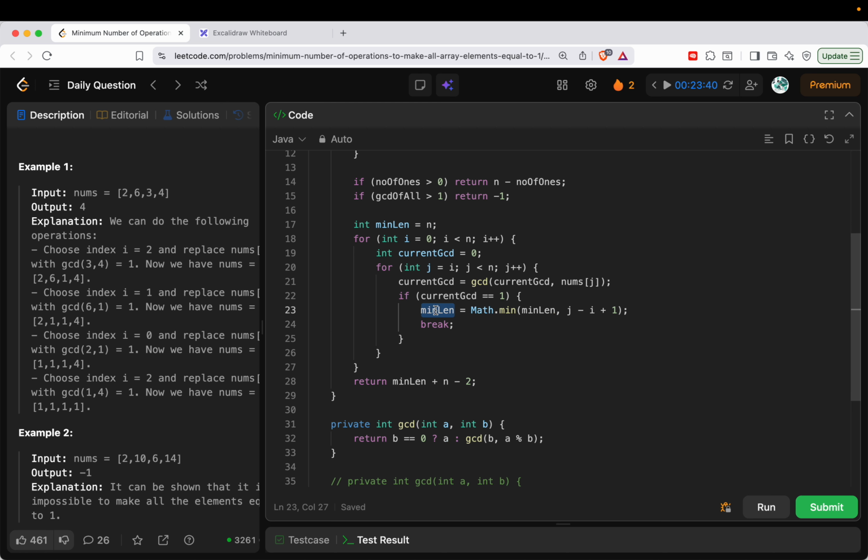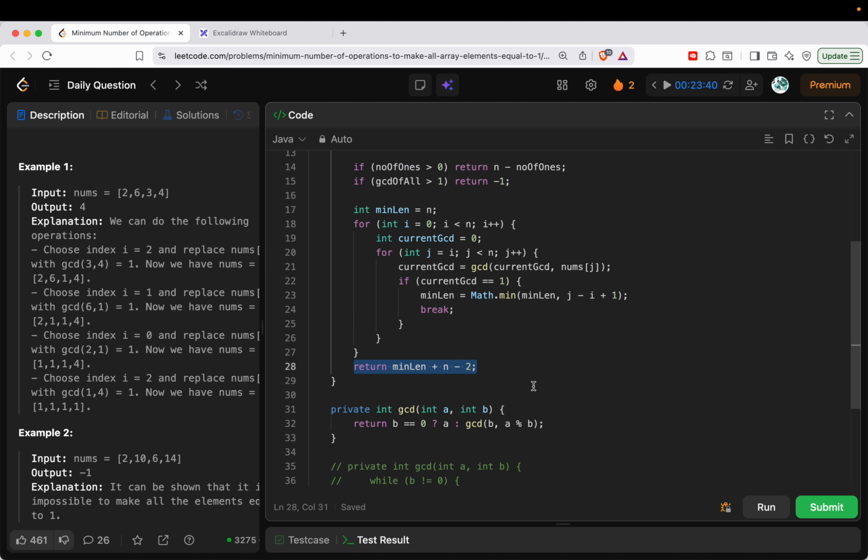Then the total number of operations required will be min length minus 1 plus n minus 1. This is my final answer. I've just summed up the two minus 1s and written it as a consolidated expression. So this is the total number of operations required.